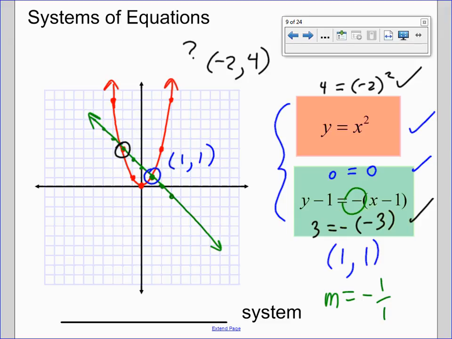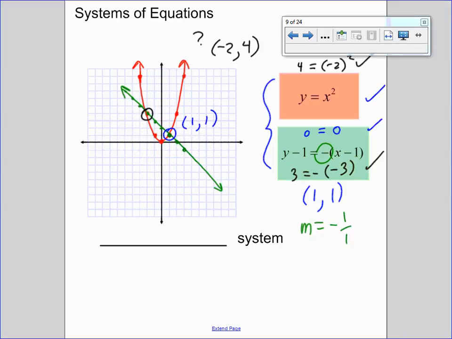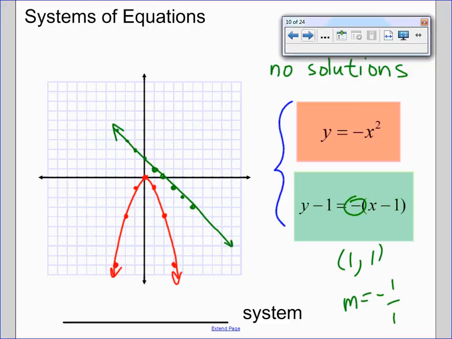If there's infinitely many solutions, it's consistent. So as long as there's a solution, 1 or more, then it's called a consistent system. Versus no solutions, that's inconsistent. So we can label those systems accordingly.